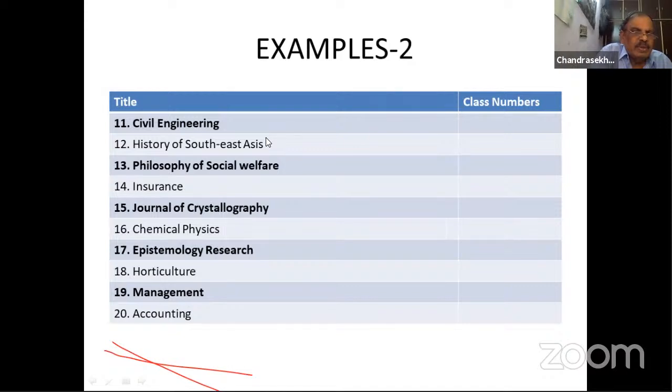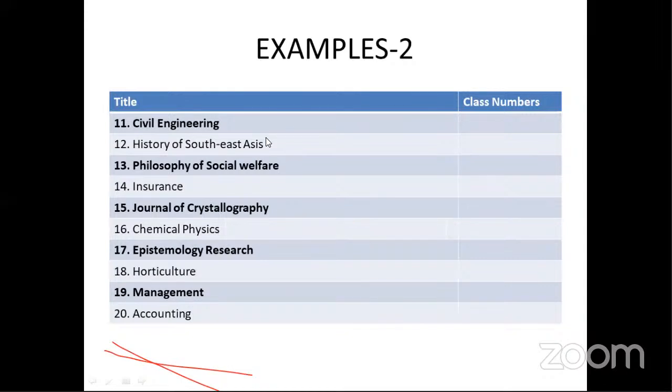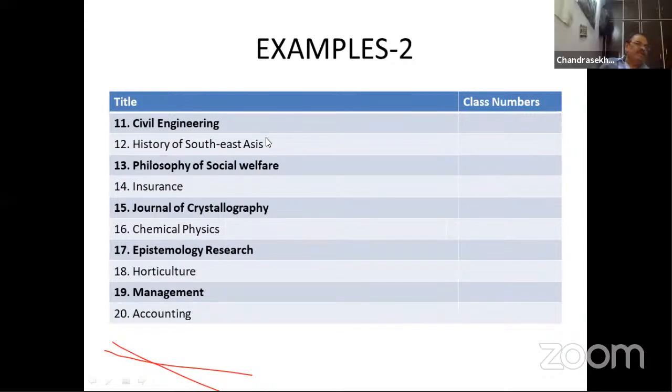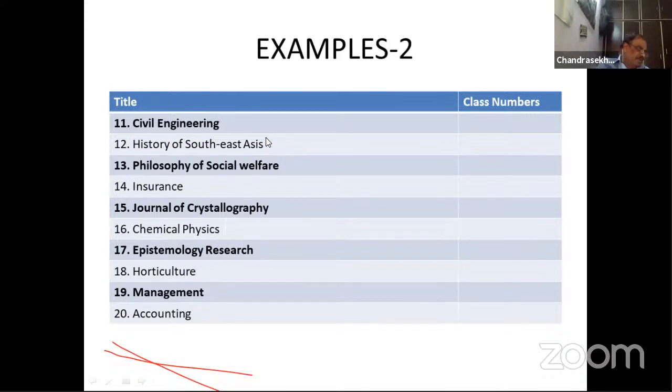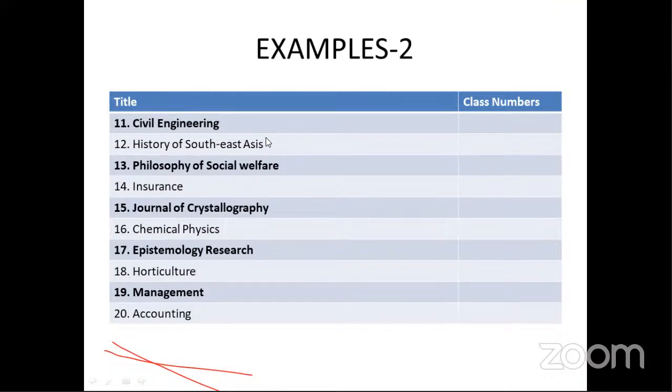So then going to the next one, epistemology research. What is epistemology? It is an aspect of philosophy. 100 is philosophy. You will try to say 120, sir. 120 is epistemology, causation.